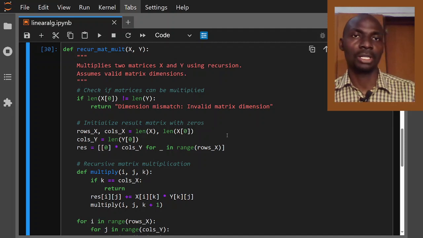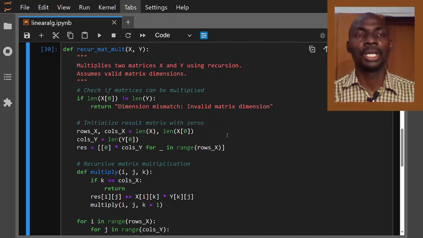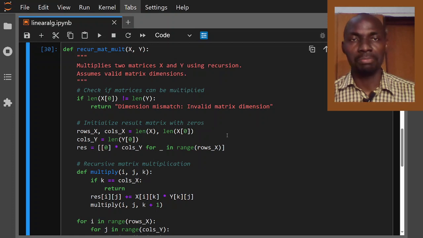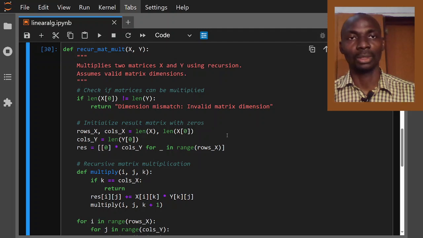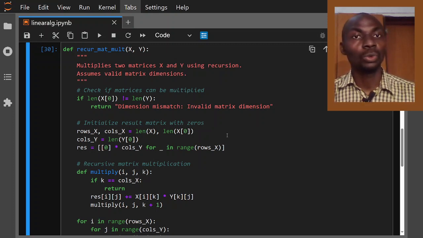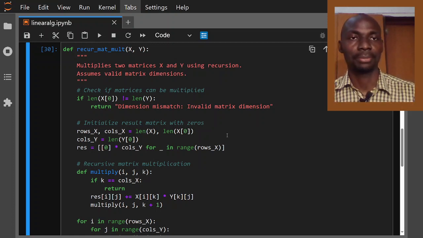Divide and conquer technique is broken down into three major parts. Number one, divide. Number two, conquer. And number three, combine. Divide. This is where we divide the original problem into subproblems of the same type.